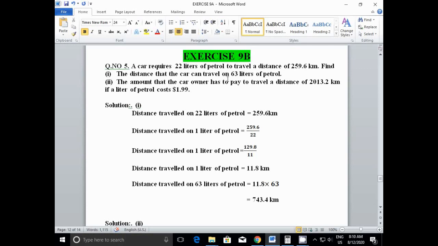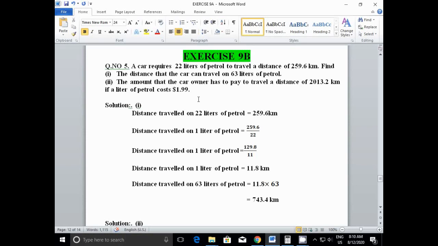While in the second part of this question, we have to find the amount that the car owner has to pay if he travels a distance of 2013.2 kilometer if a liter of petrol costs $1.99.